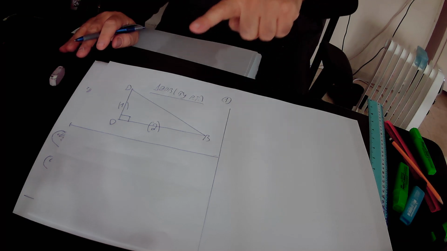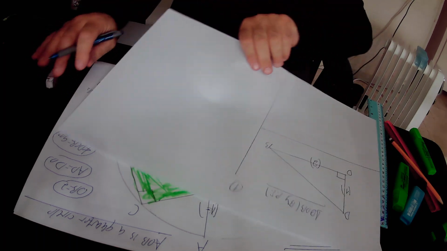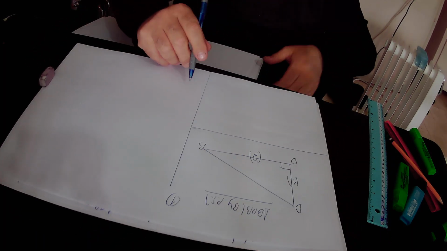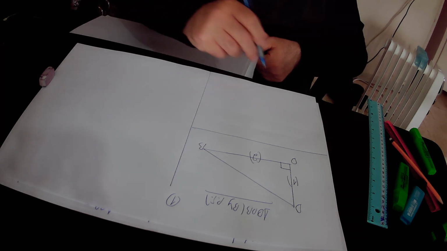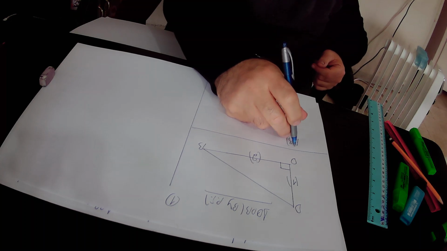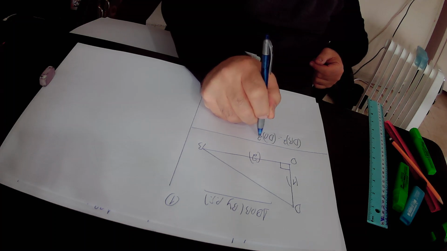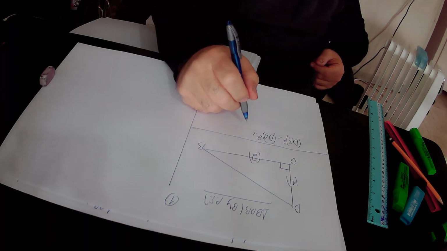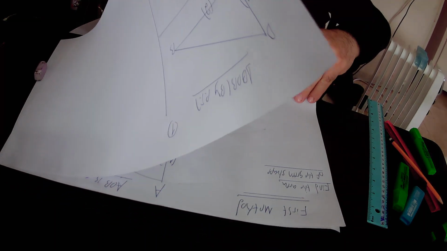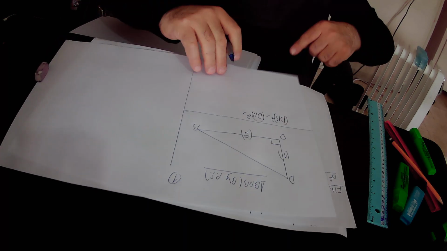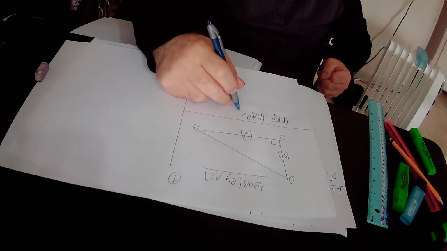DB square equals DO square plus OB square. So I write it down. DB square, this is the square of the hypotenuse, equals DO square plus OB square.